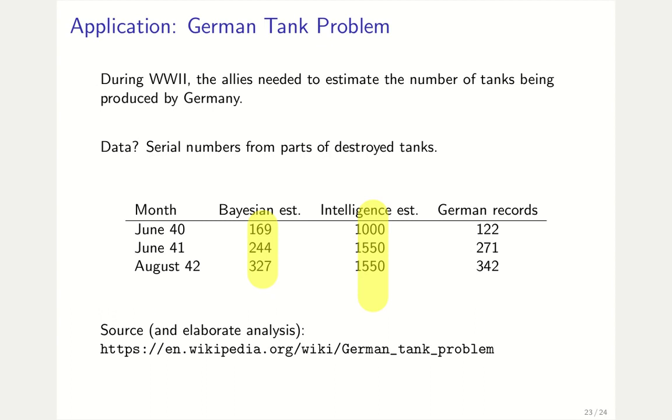After the war, when the Allies captured the German records from the factories, they found that the estimates of the statisticians were actually very, very accurate. But of course, during wartime, they trusted the intelligence estimates. But if they had trusted statisticians, they could have probably adapted their strategies and maybe ended the war earlier.